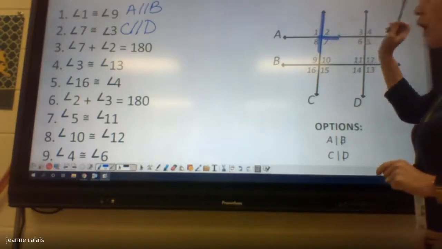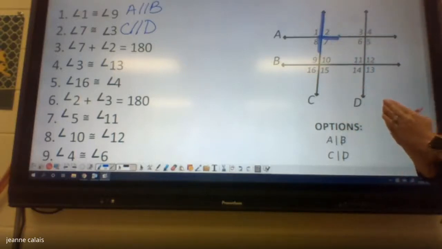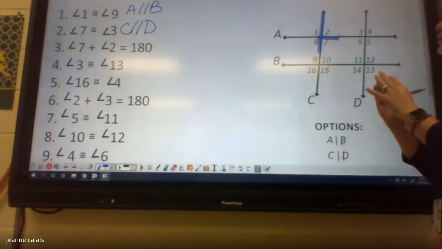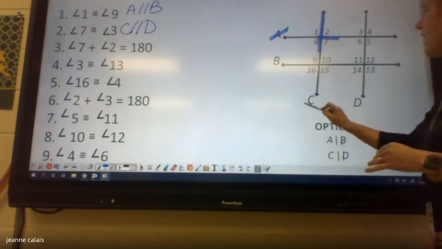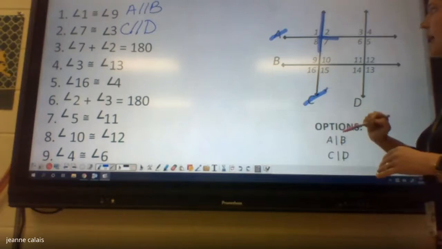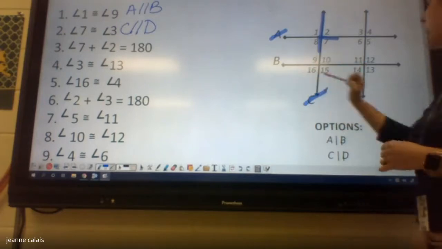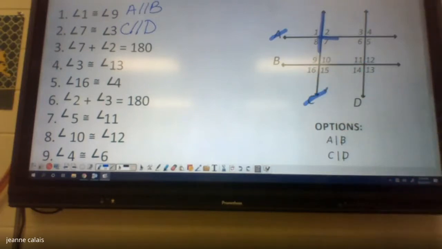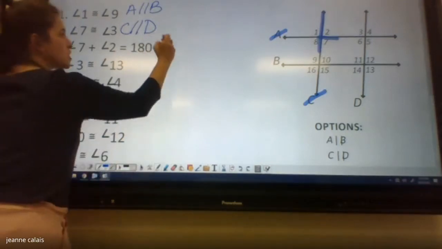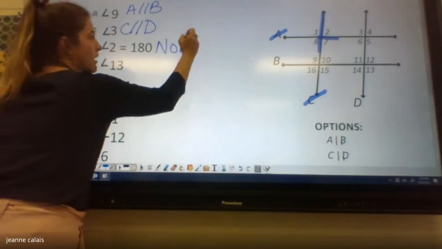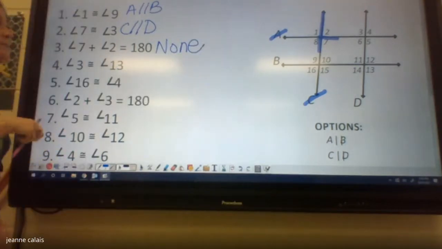For 2 and 7, the only two lines that have any relation with those two angles are line A and line C. It has nothing to do with B and nothing to do with D. Because it's a linear pair, you cannot prove that you have parallel lines. Linear pair will always be supplementary.